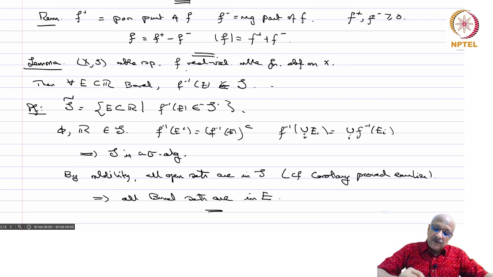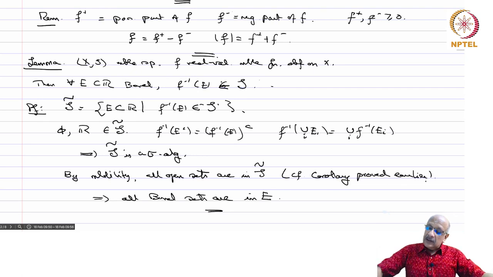Let (X, S) be a measurable space, f a measurable real valued function defined on X. For every E in R Borel, f inverse E belongs to S. So you define S tilde as the set of all E in R such that f inverse E belongs to S, and then phi and R belong to S tilde. f inverse of E complement is the complement of f inverse of E. f inverse of union of E_i equals union of f inverse of E_i. So S tilde is a sigma algebra. By measurability, all open sets are in S tilde.